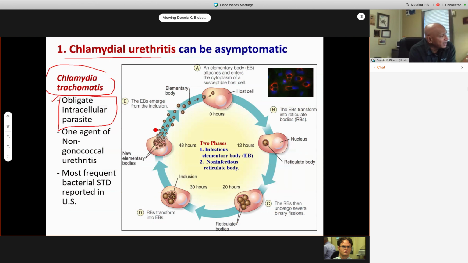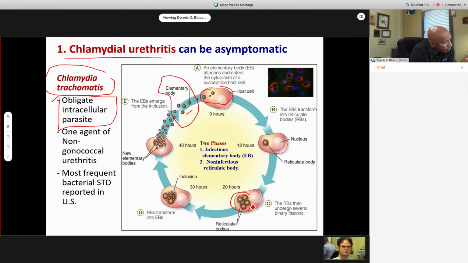So let's go through the life cycle. When people are infected, this is what happens. They have sexual intercourse in general. And what was the infective state of this pathogen? It is called an elementary body. All right. So this is what infects a recipient's cell. That bacterium gets into the cell. It starts replicating. So this is the infective stage, the elementary body. It starts replicating inside the cell.